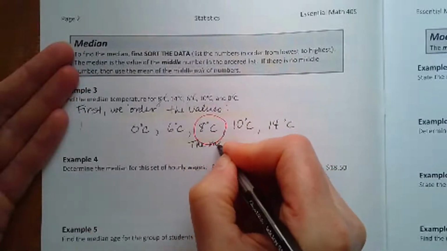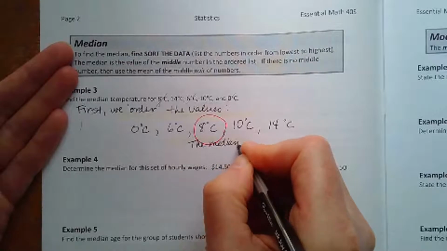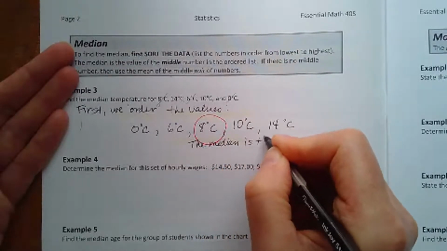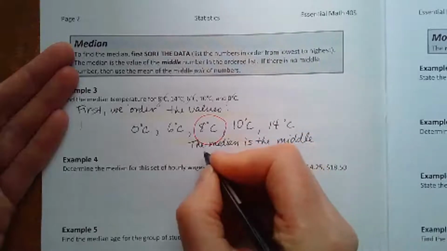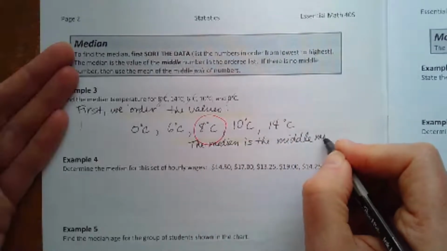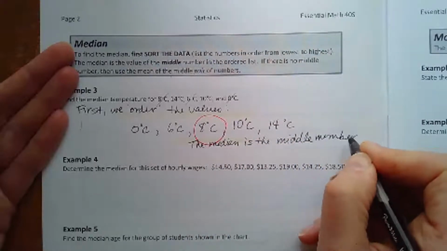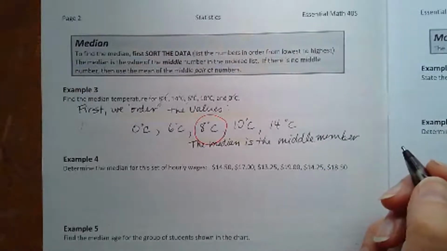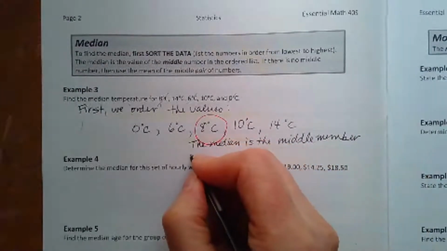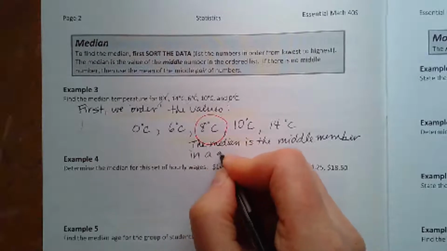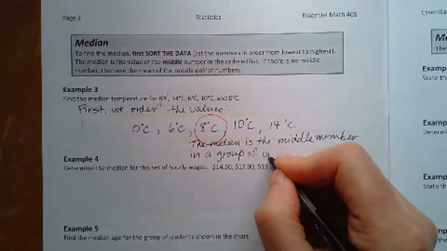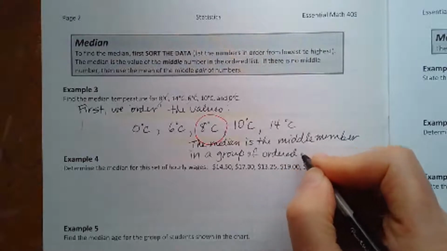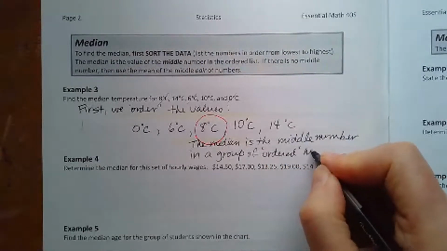The median is the middle number in a group of ordered numbers.